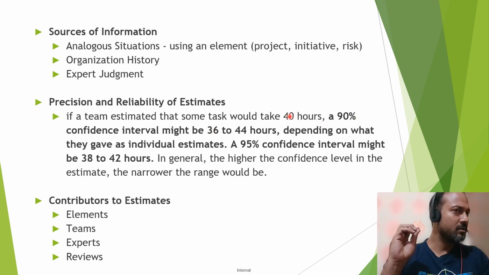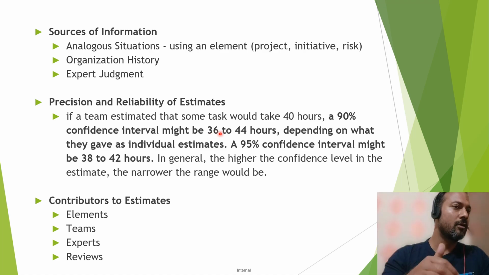Then you have to calculate how much the deviation of hours from the actual hours is. So it is 4, right? What you do is subtract 4, which gives 36, and add 4 to the actual hours, which gives 44.